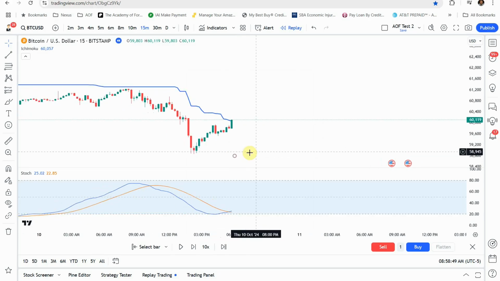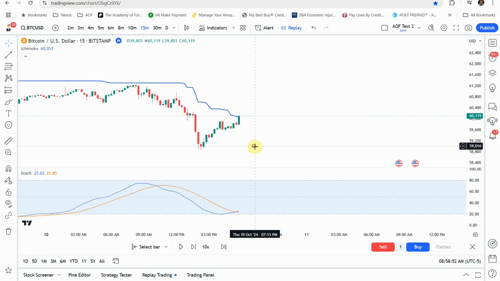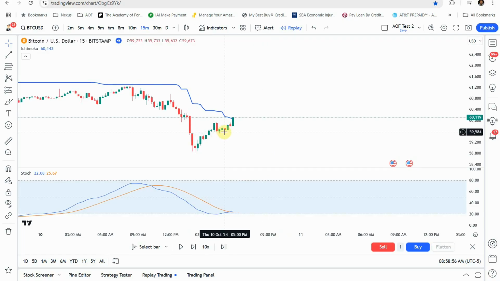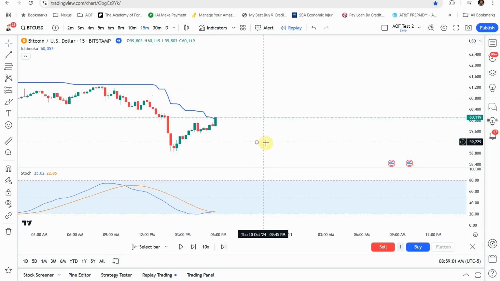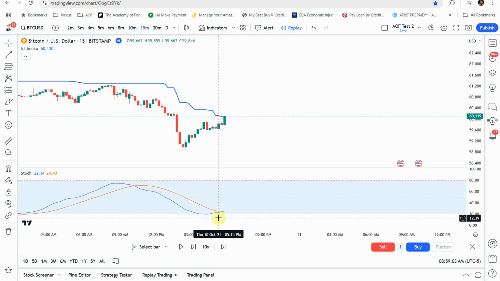And so what we're looking for in a long trade is when the price action crosses the baseline, like it does here. And once the price action crosses the baseline, we're going to look down to the stochastic. And this is where things get a little bit tricky, so bear with me here. You see how the stochastic has come down from the top section, so let's call the middle line anything above the middle line the top section, anything below this middle line the lower section.